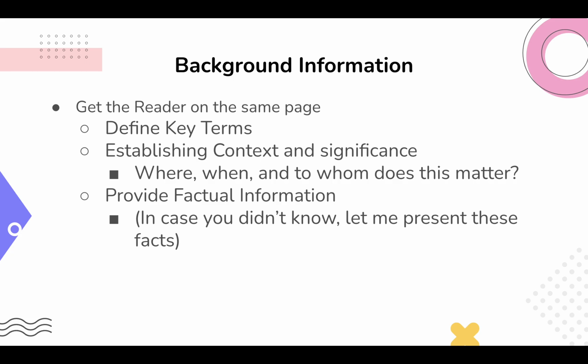You want to establish this context because you're showing me or whoever else is reading why your topic matters. Okay? You might then provide some factual information just so that the reader has an idea of what you're talking about.